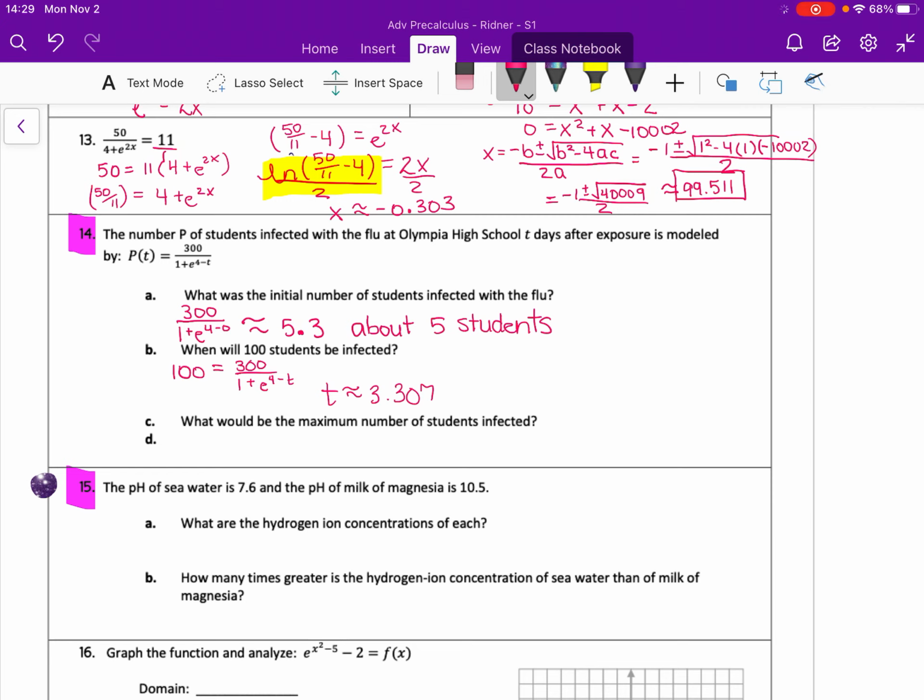So it'd be after the fourth day, because it would take after the third day for that to happen. So it'd actually round up to the fourth day, because not quite 100 students would be infected by the start of the third day. All right, and then what's the maximum amount of students affected? Well, that's just your numerator, so 300 students.